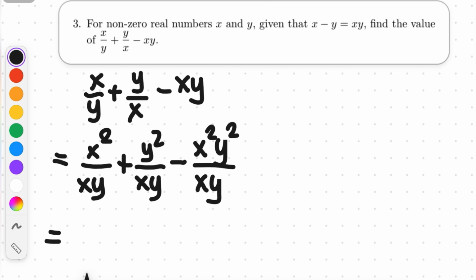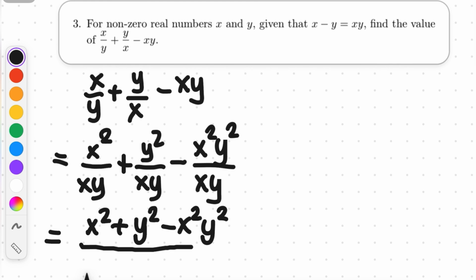And that combines into x squared plus y squared minus x squared y squared, all over xy.